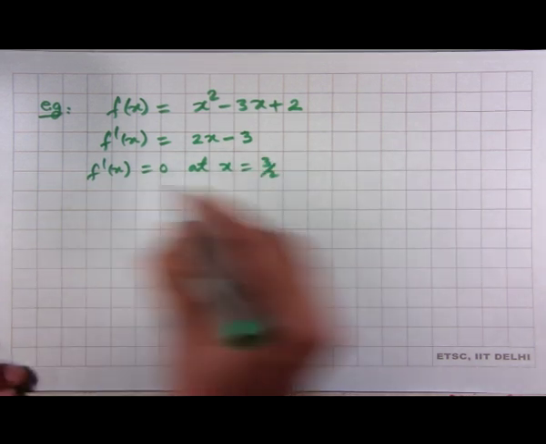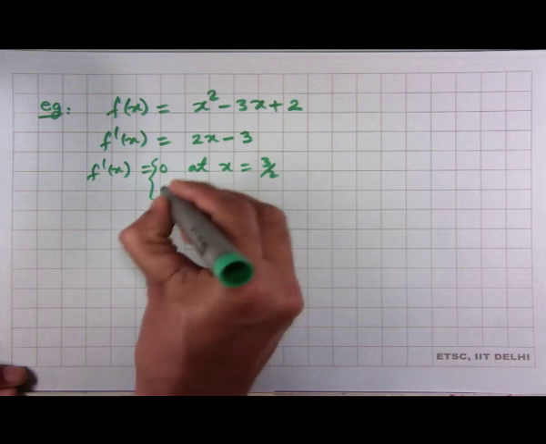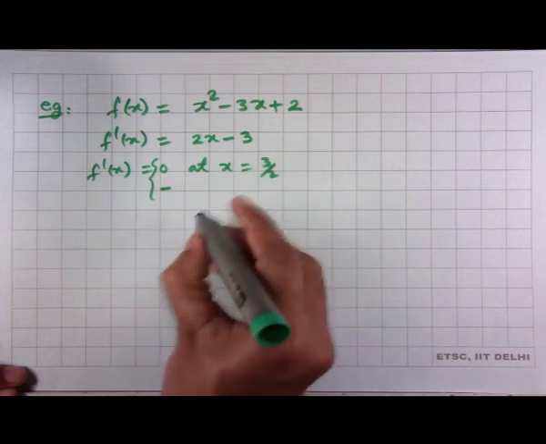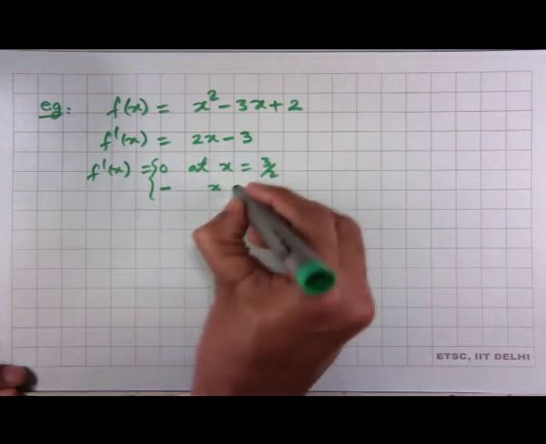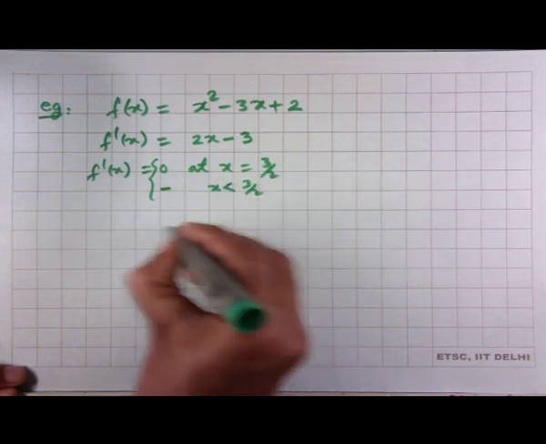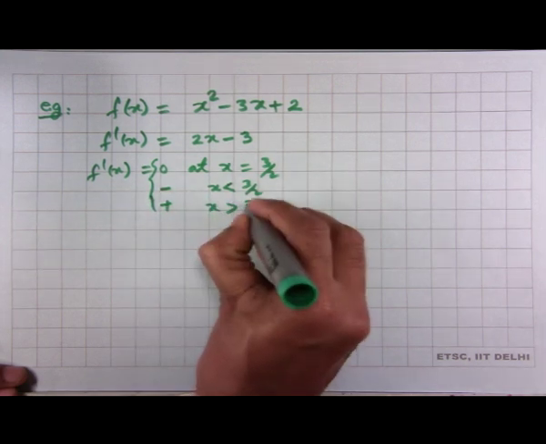It is negative if x is less than 3 by 2, and positive if x is greater than 3 by 2.